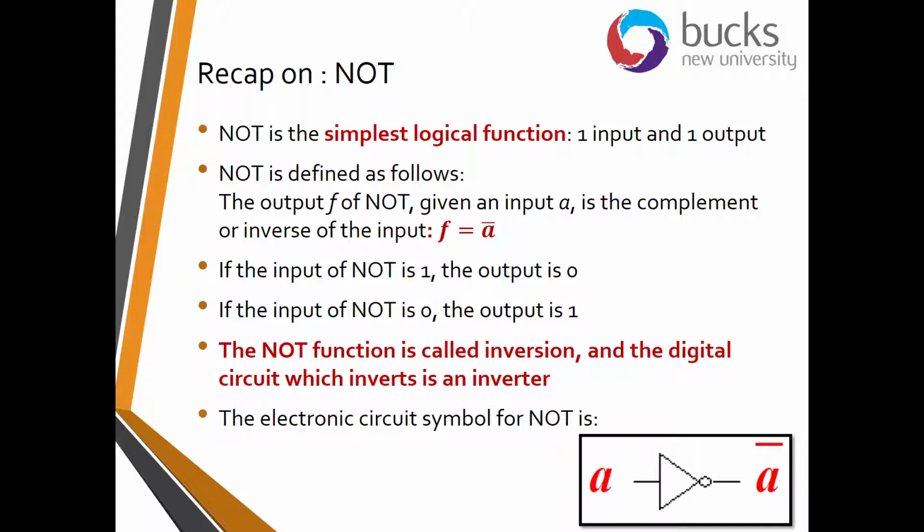So F equals NOT A. In the algebraic expression, there is a little line above the A, and that line negates it, so it's basically saying NOT A, where A represents the input.